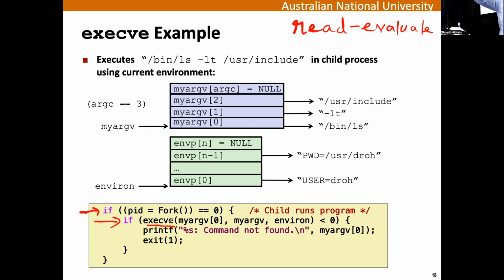The child, right? The parent is still running. The parent has its own address space. That is a shell program. The child will execute this program, this command here, bin ls, and exit.